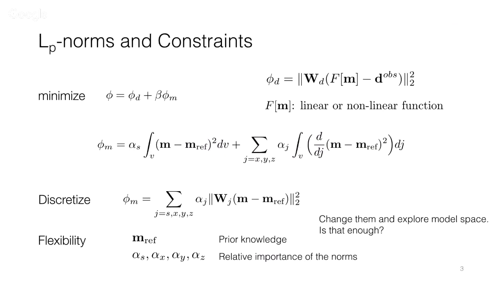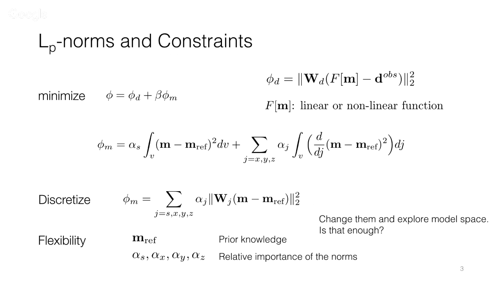So LP norms. What we've been doing up until this point is to just continue with everything being squared. So we've got this objective function, we discretize it, and we can write this model objective function as the sum of these different components, the smallest, smoothness in X, Y, and Z. And we talked this morning about changing the alphas and changing the W's.